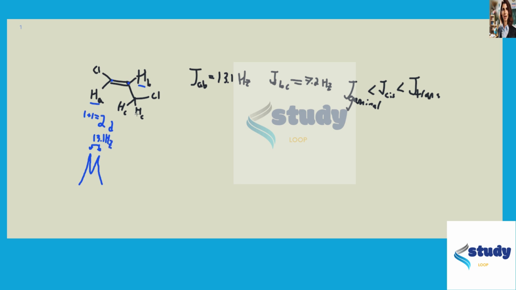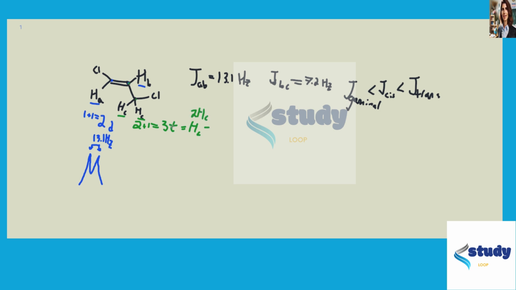Now let's look at this series over here. Attached to this carbon is another carbon, and on this neighboring carbon, we have two protons, so two neighbors, plus one. So now we have three, so we will have a triplet. But there are two different protons, and this equation is for just one HC, but we have two HC, so we need to multiply this.